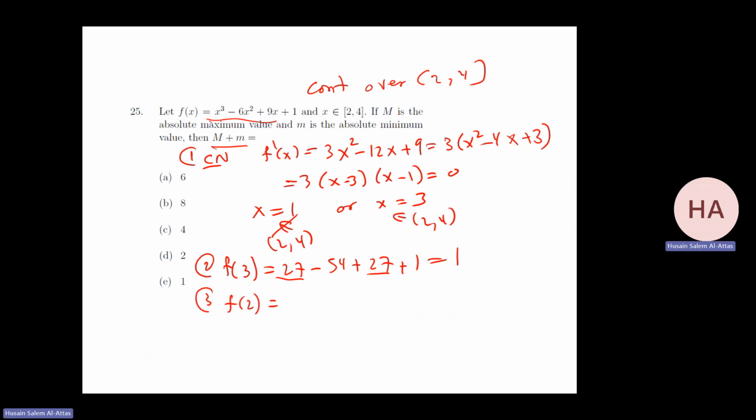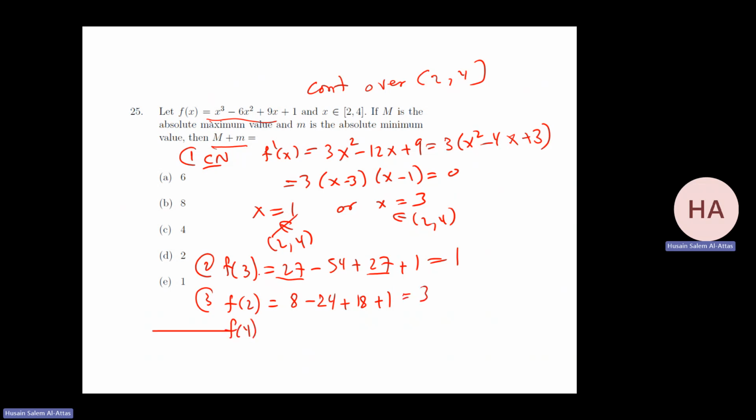F at 2, that will be 8. 2 squared is 4 times 6 is 24. This is 18. 8 minus 24 plus 18 plus 1 is 3.